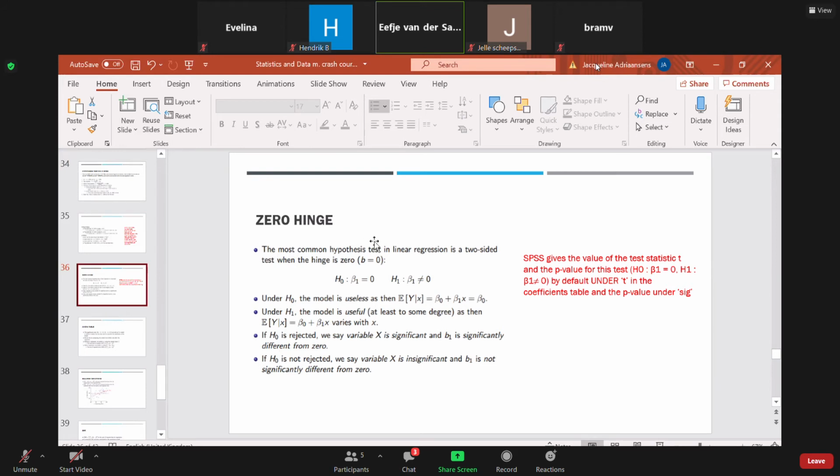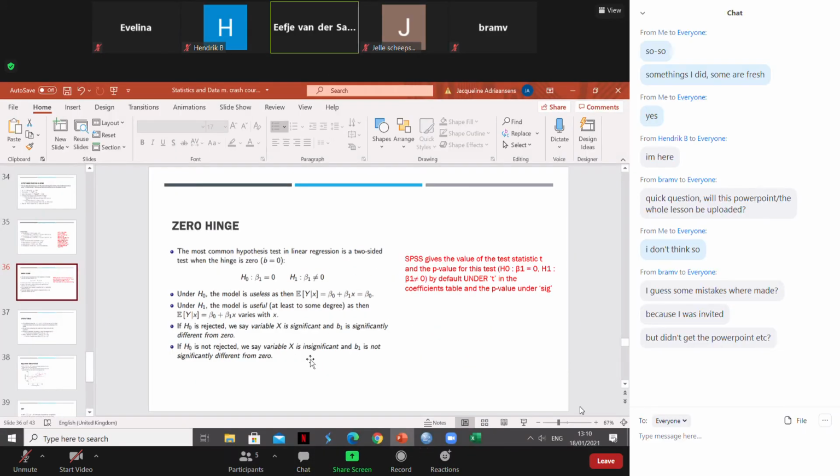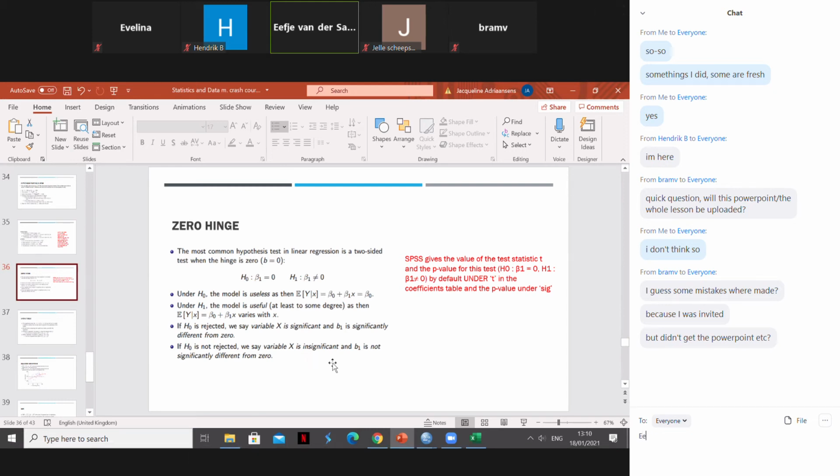And if H0 is not rejected, then beta 1 is 0, we say that variable x is insignificant, so it doesn't make a difference. And b1 is not significantly different from 0. So the difference is that if H0 is accepted, then the model is actually useless because this variable won't be significant.